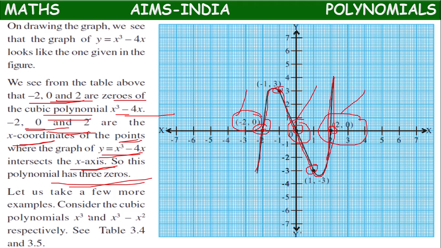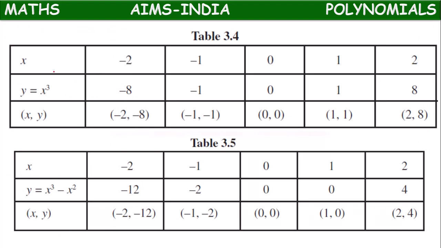So let's take some more cubic polynomials. One is x cube, another one is x cube minus x square. Let's construct the table for x cube. For y equal to x cube, the points are minus 2 comma minus 8, minus 1 comma minus 1, 0 comma 0, 1 comma 1, 2 comma 8.